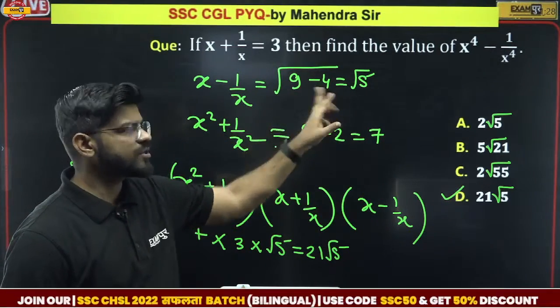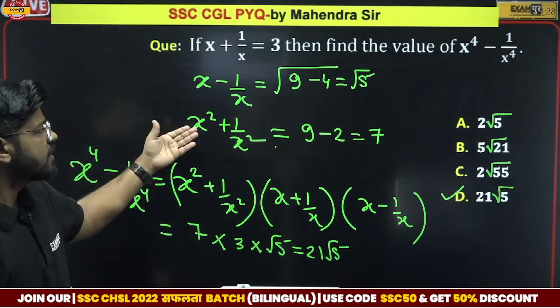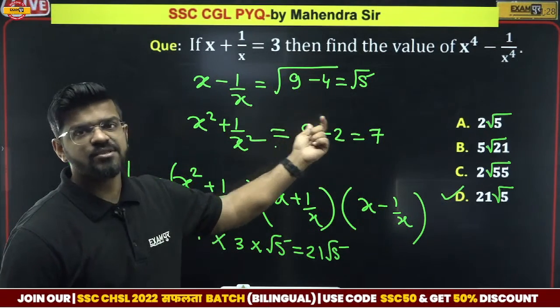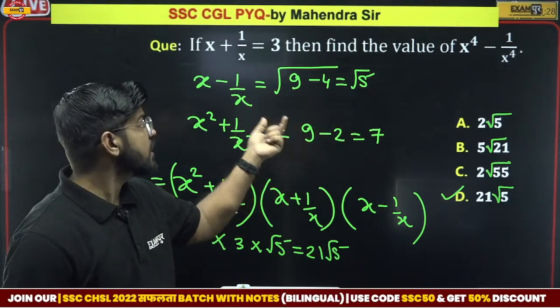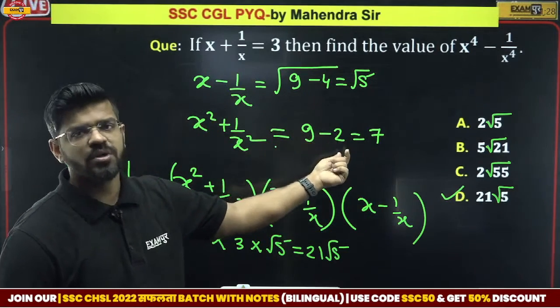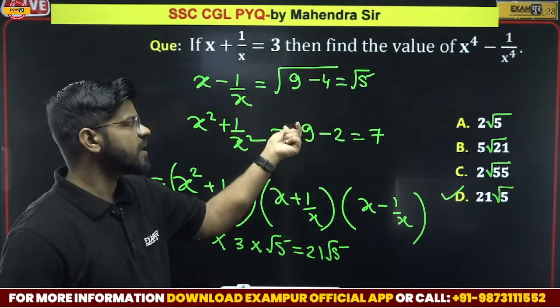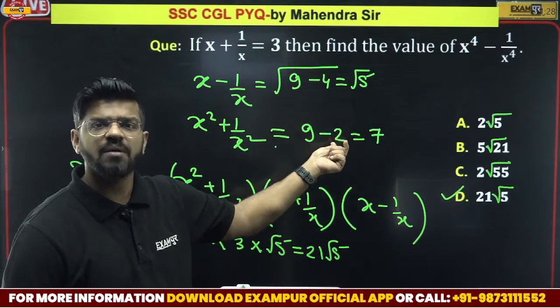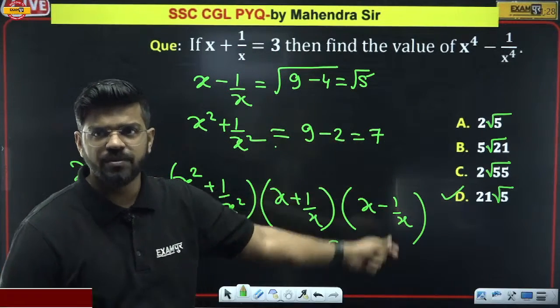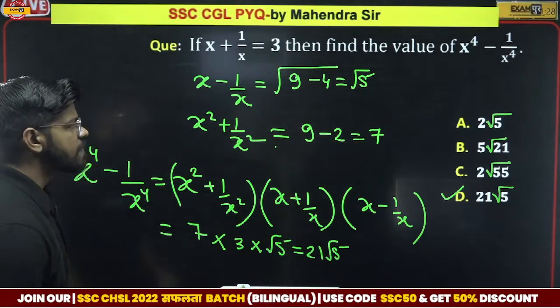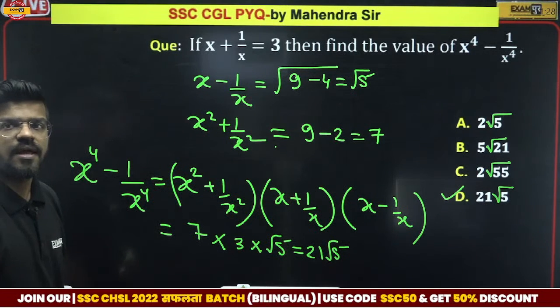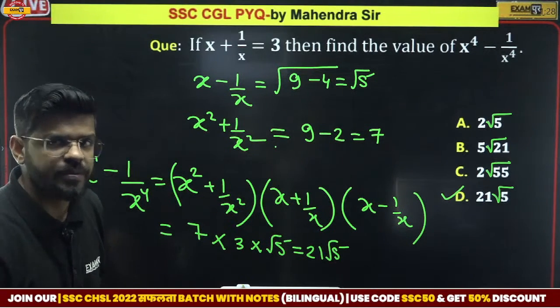So 9 minus 4 is root 5. Here we have a plus b whole square minus 2ab. So a plus b is 3. 3 square is 9. Minus 2ab, ab is 1, so just minus 2 will be sufficient. This is how we got x square plus 1 upon x square.